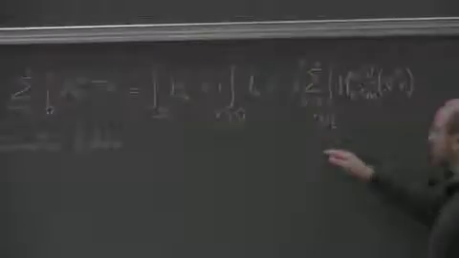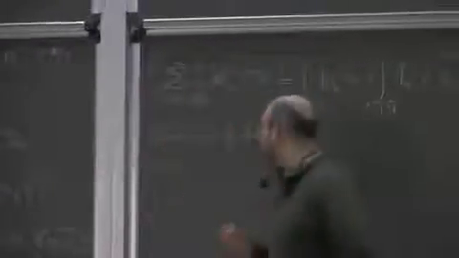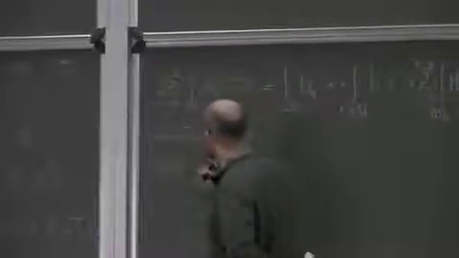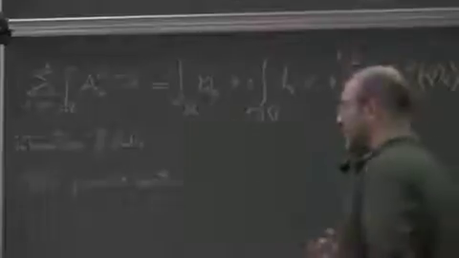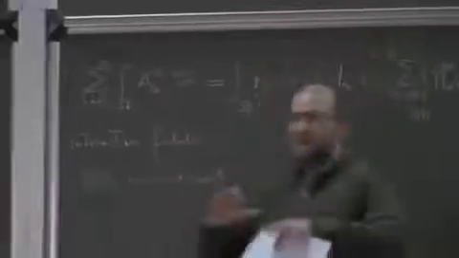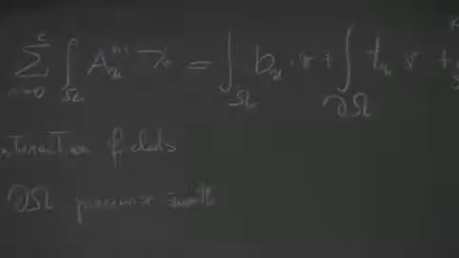And we assume that omega has a Lipschitz boundary, or even that omega is piecewise smooth. It means that you may have edges, but then this is a finite union of smooth boundaries, smooth surfaces.